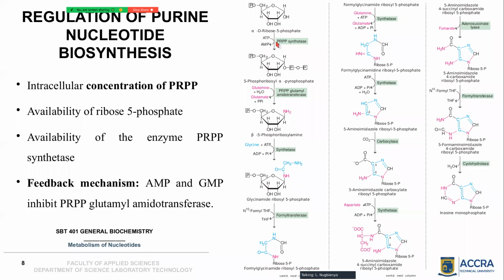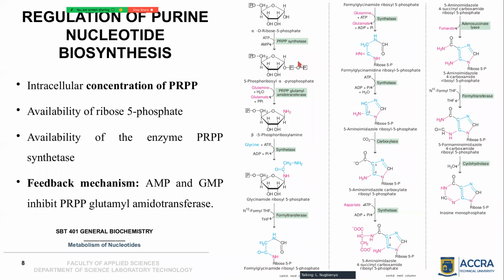The phosphoribosylpyrophosphate synthetase is the enzyme that's responsible for the first reaction. And so you need that phosphoribosyl pyrophosphate, first of all. You need a lot of this in the system.